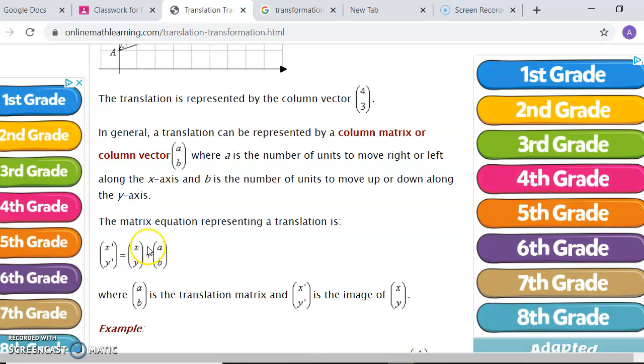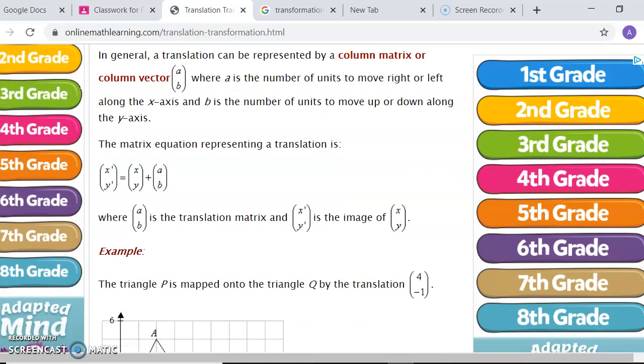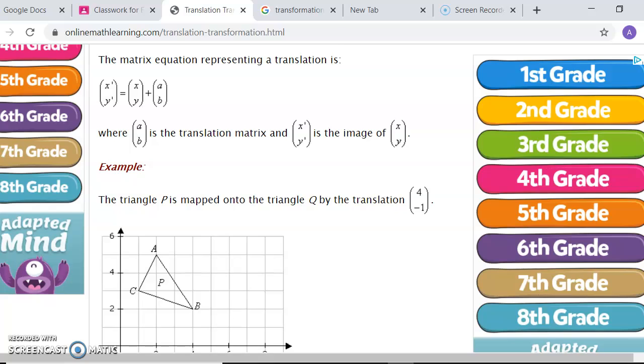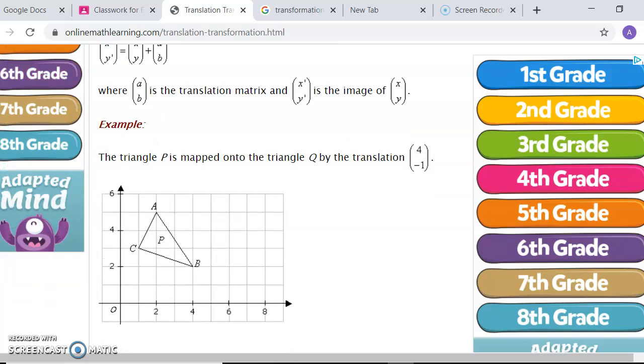You have a and b, and then x and y along the x-axis or y-axis, and you have x prime and y prime. I think that's the amount of detail that I want to go through in this particular case.